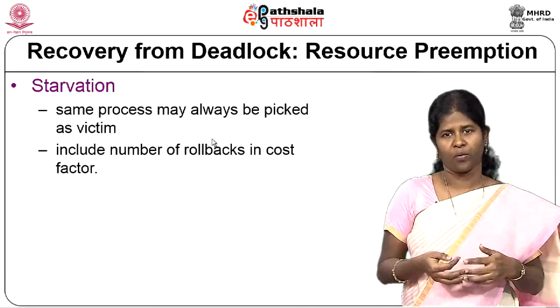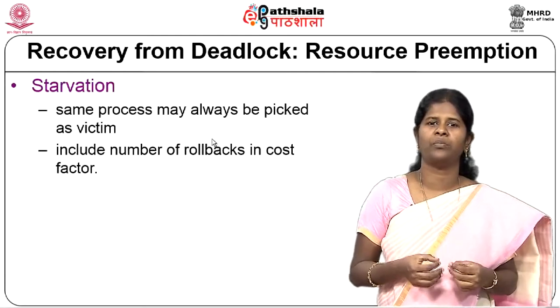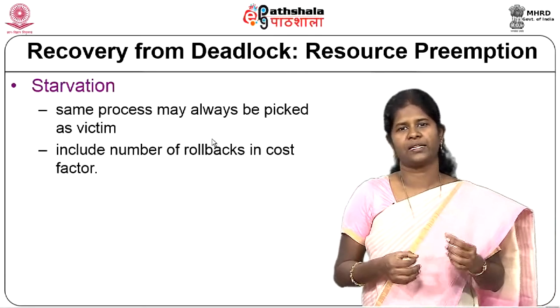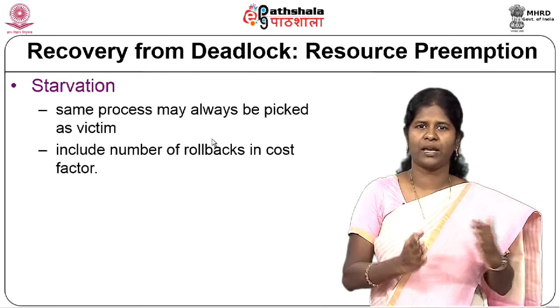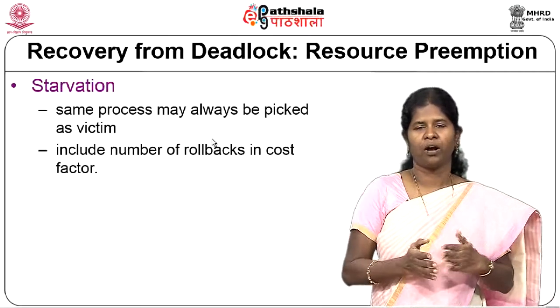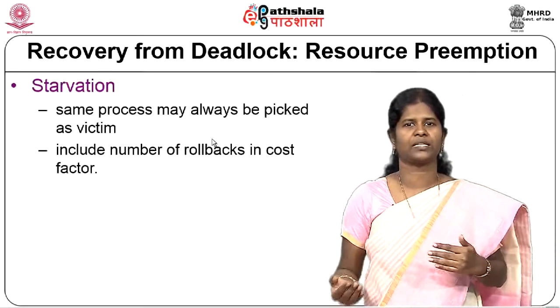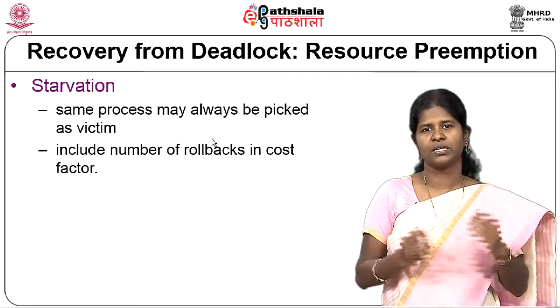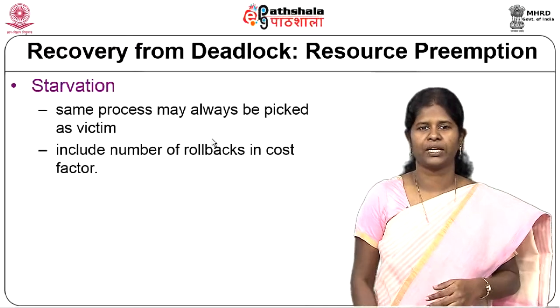For avoiding starvation, you can include the number of rollbacks as a cost factor. If a process has been rolled back say 5 or 6 times, or maybe more, then that process will not be chosen next time for rolling back. So, this count of how many times the process was rolled back earlier will be considered.